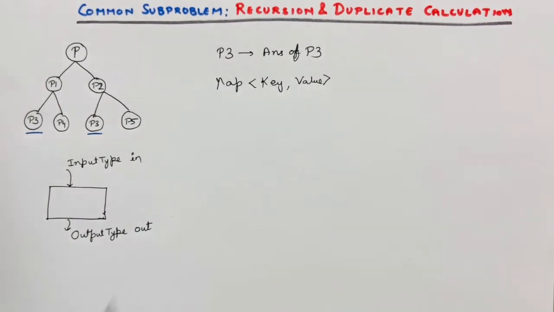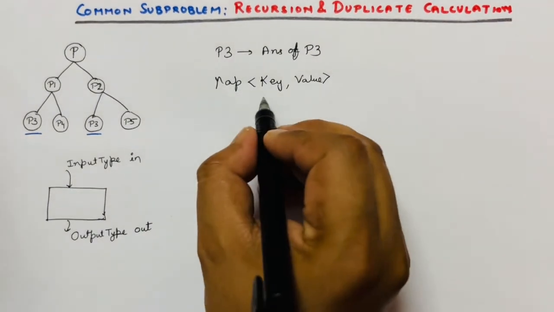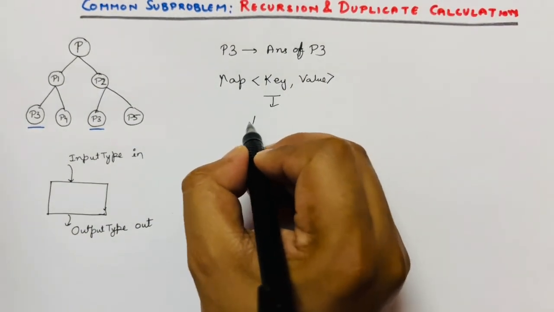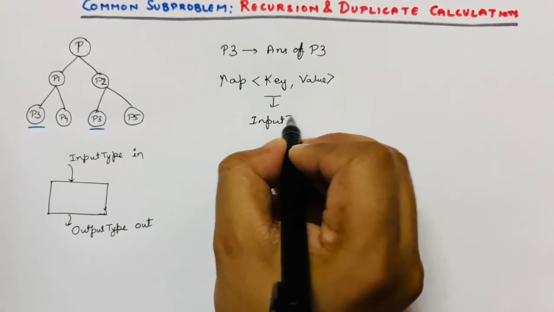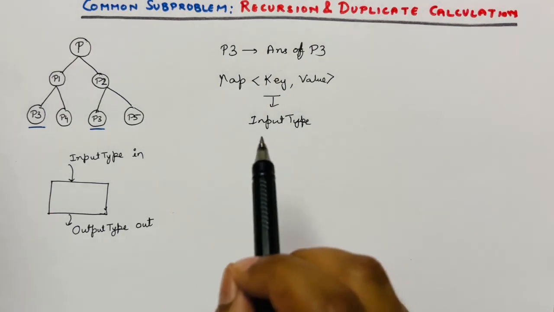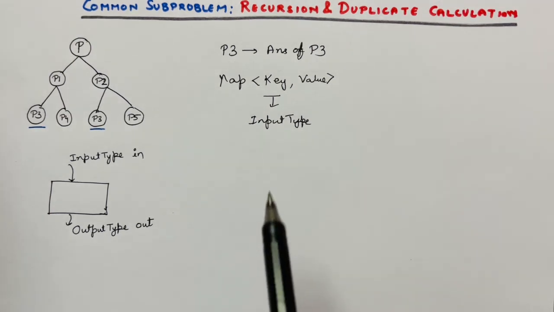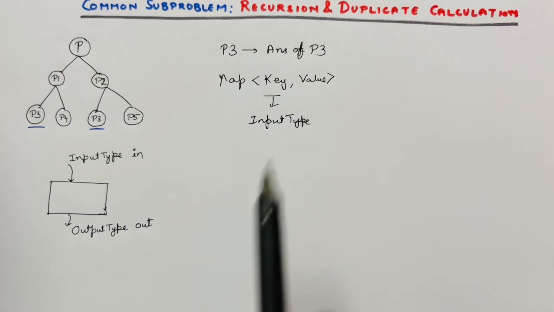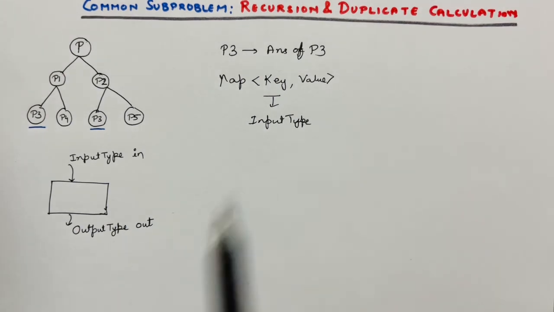So what will be the data type of key? The data type of key will be the data type of whatever your input is. So the input type could be string, integer, or anything complex, even a list of lists. So the data type of this map's key would be whatever your input type is, and similarly the data type of value will be whatever your output type is.